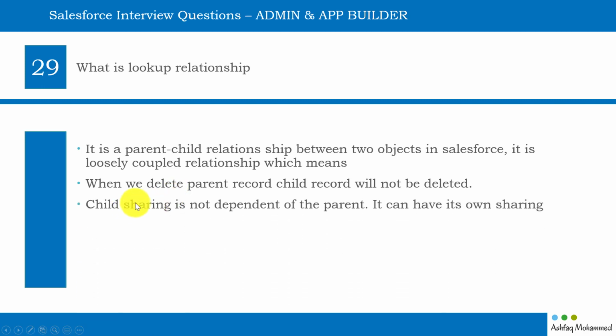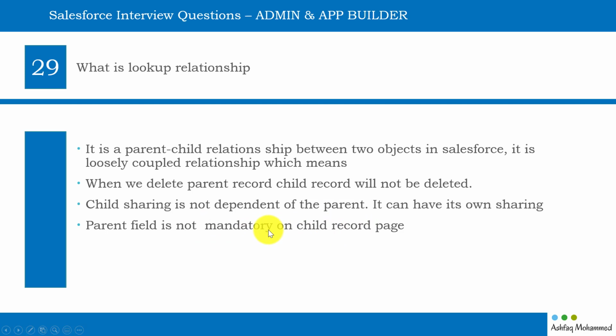Okay, child sharing rule is not dependent on the parent. It can have its own sharing rules. So you can give a separate sharing rule for the parent in this case, and you can give separate sharing rules for the child if it is a lookup relationship. Really important. And the parent field is not mandatory on the child record.